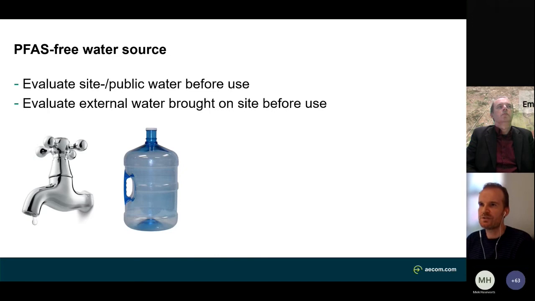A PFAS-free water source. When we go on site and we take samples, we always use water from the site or from the client, or take water with us for our decontamination process. Be sure that you use PFAS-free water, because there are multiple examples where there are PFAS detects in public water or utility water.